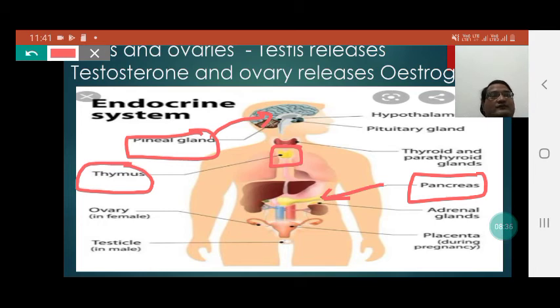Students, there is also presence of an endocrine gland, that is hypothalamus. Hypothalamus releases the tropic and tropic hormone or the inhibiting and releasing hormone.